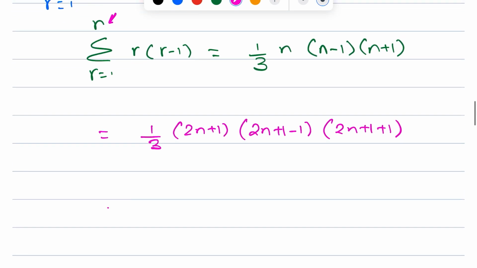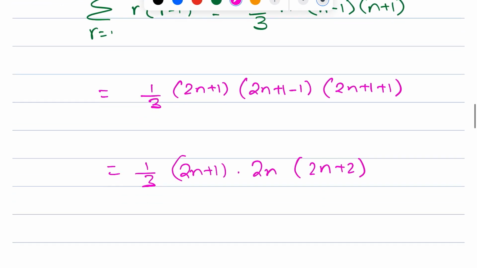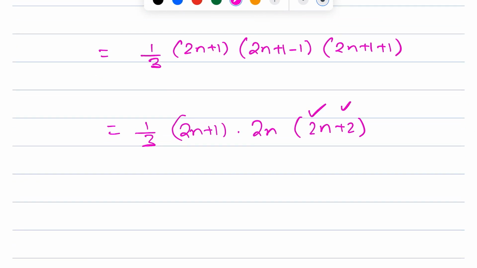So what does that become? 1 upon 3 times (2n plus 1) times (2n) times (2n plus 2). So take 2 common. So it becomes 4n upon 3 times (2n plus 1) times (n plus 1). This is going to be the answer for question 3 part B.